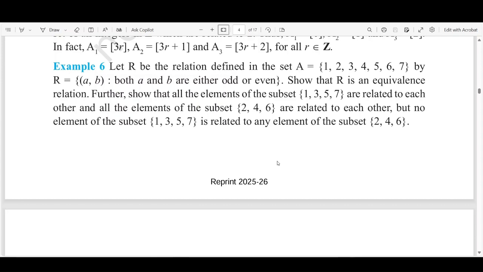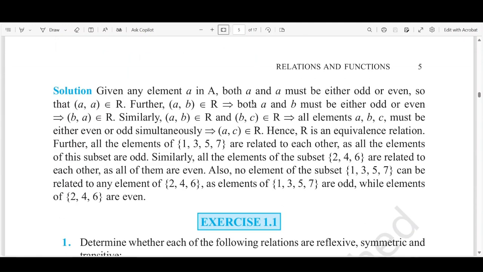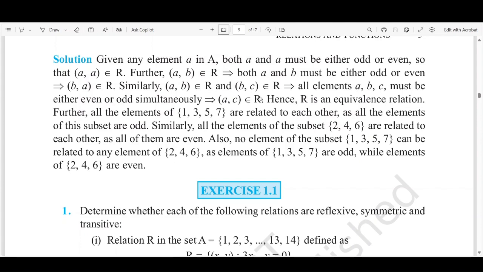So, the non-empty set given to us is A, which consists of the integers from 1 to 7, and they have given a relation. Now we have to prove this relation is an equivalence relation. Number 1, reflexive. If you consider any element a in the set A, it will be either even or odd. So what we could conclude is both a and a must be either odd numbers or even numbers.